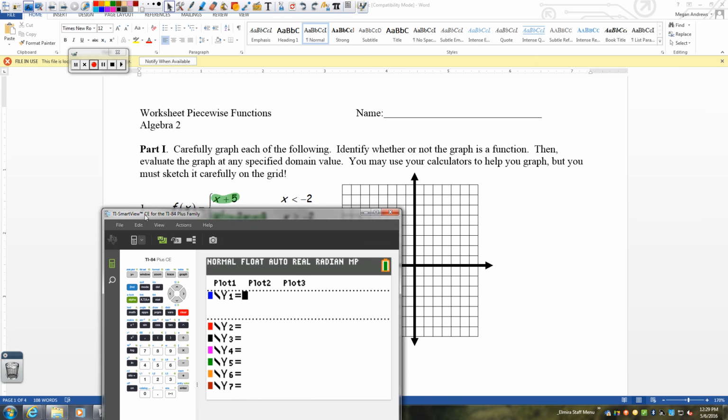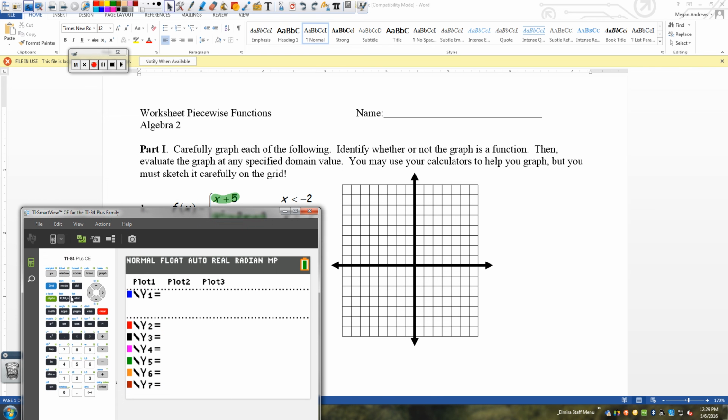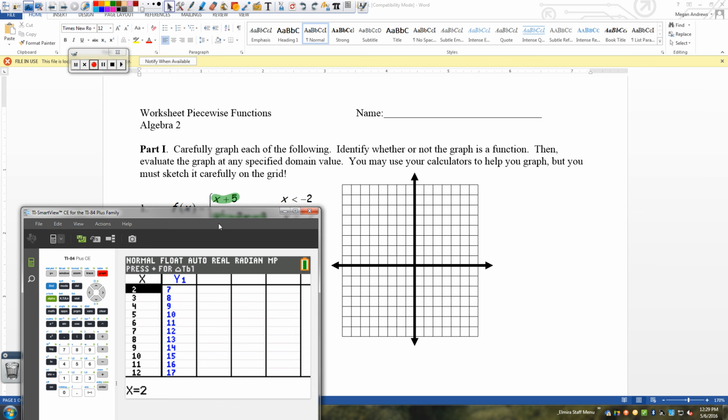And the first one is x plus 5. Go to my table. Now the domain or the interval it's asking for is less than negative 2. So numbers like negative 3 and negative 4 and so on. I start at negative 2. I want that number on there, but then I want all the numbers less than negative 2.